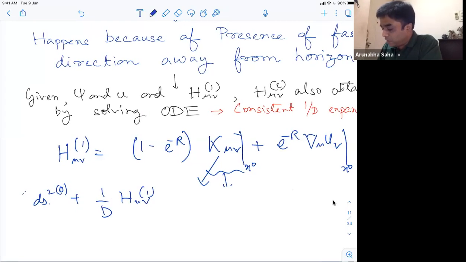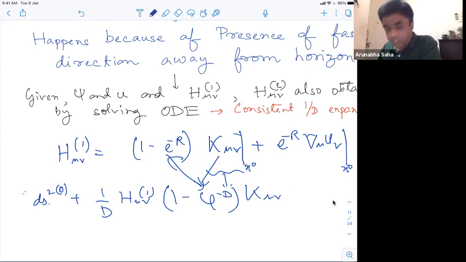Now in this expression you write this 1 minus e to the minus r as 1 minus psi to the power minus d, because this is the map between these quantities. You think of this k mu nu as functions, and then you solve for the higher order corrections on top of this. This is the same way that fluid gravity works.